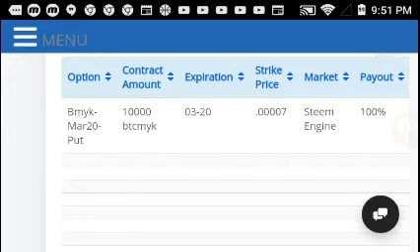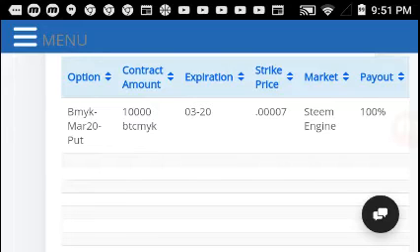What does that mean? Well, that means that one contract, which is basically one of the Bitcoin MYK puts, is equivalent to 10,000 Bitcoin MYK tokens, which you can purchase the contract with. When you purchase the contract, you're then going to be able to get access to this contract.